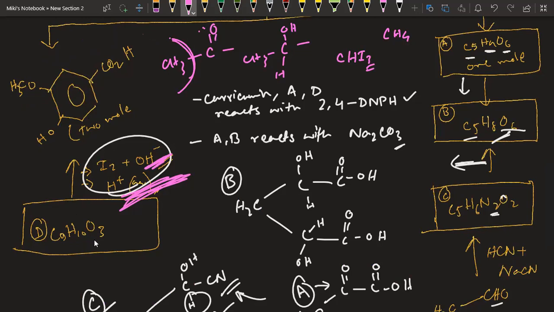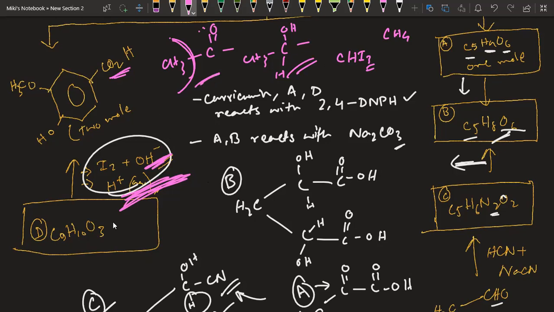Then we have this OH alcohol, but we are not looking for alcohol either. And finally, we have this carboxylic acid. That means this is the portion where either the alcohol group, or the aldehyde or ketone group, or carbonyl group was present.